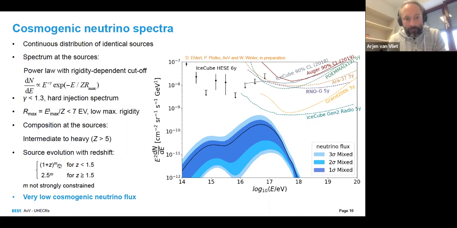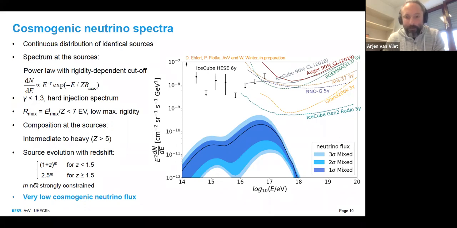And then you can take this value of m somewhere between -6 and +6, a very large range. In this way, you can roughly describe all kinds of different source classes that follow different kinds of redshift evolutions.